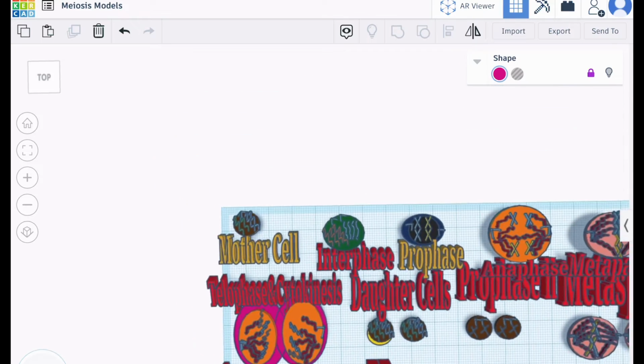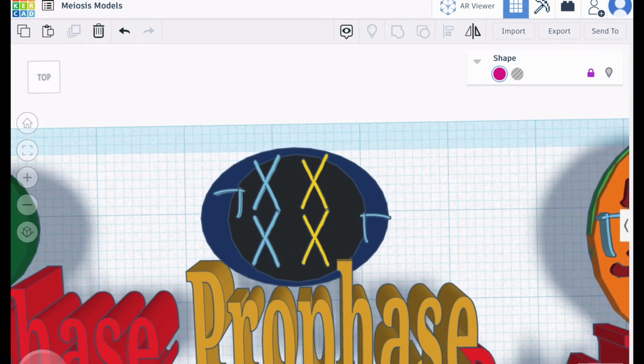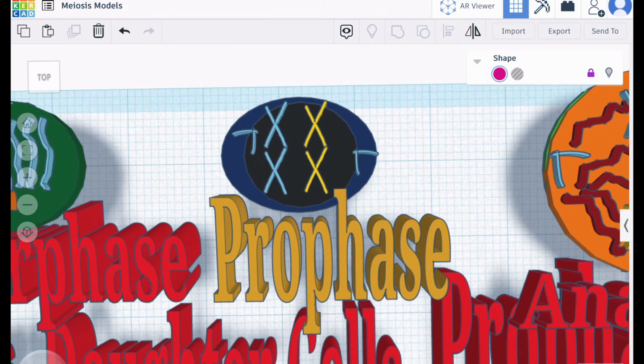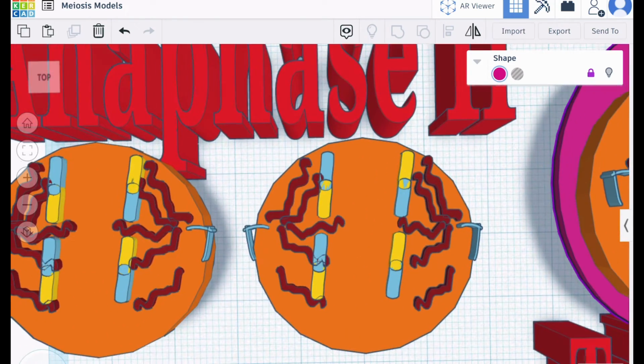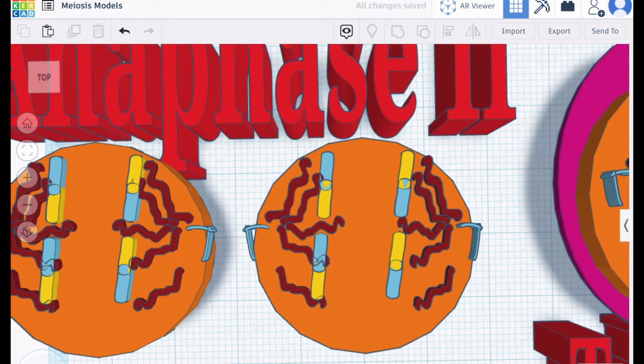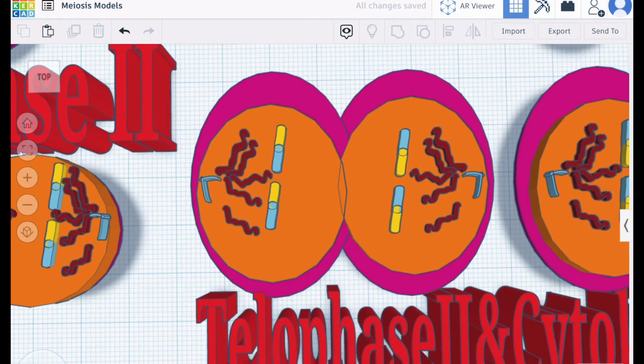If you look at the mitosis stuff, the chromosomes are all one color, because the chromosomes aren't mixing with each other. But when you move to here, you can see the chromatids in anaphase have mixed, so it's one blue, one yellow. That's the difference there, and that means that the chromosomes have genetic diversity in them.